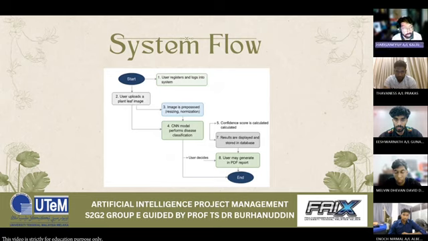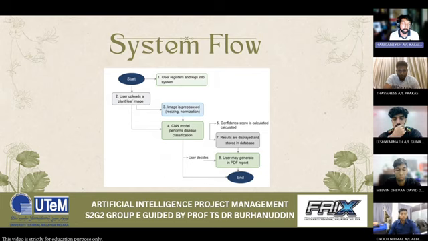So next we're going to go deeper into our project. First, the system flow of our project: when we start the website, the user has to register and log into the system. Then the user has to upload the plant leaf images they want. Third, after the upload, the image will be processed by resizing and normalizing behind the back end. The next step goes to the CNN model, which performs disease classification.